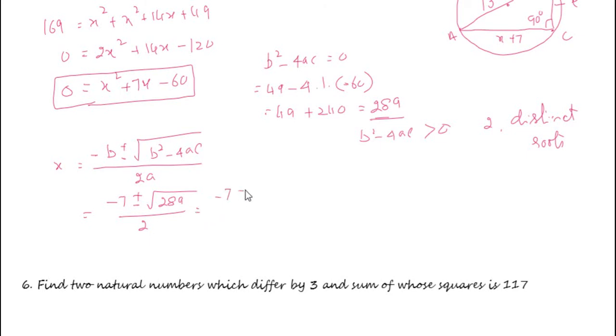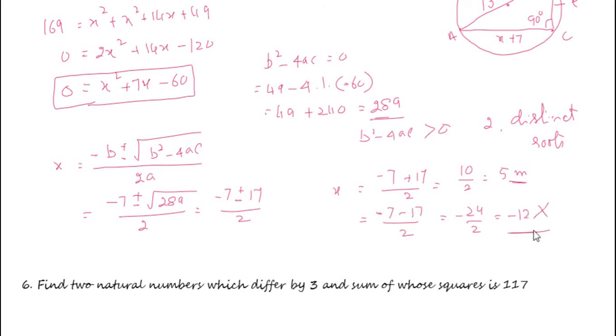So minus 7 plus or minus 17 divided by 2. The values of x are x equal to minus 7 plus 17 divided by 2, that is 10 divided by 2 equal to 5 meters. Another value is minus 7 minus 17 divided by 2, that is minus 24 divided by 2 equal to minus 12. We cannot have this value because distance cannot be negative.